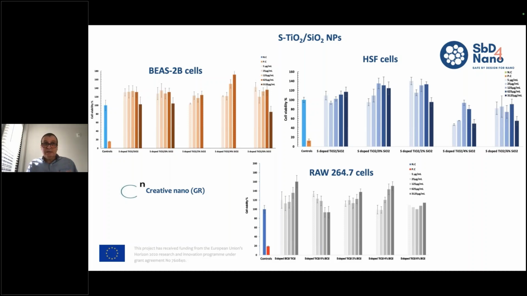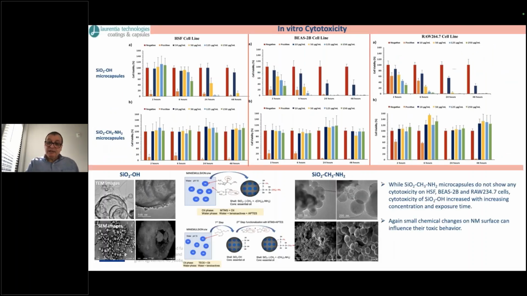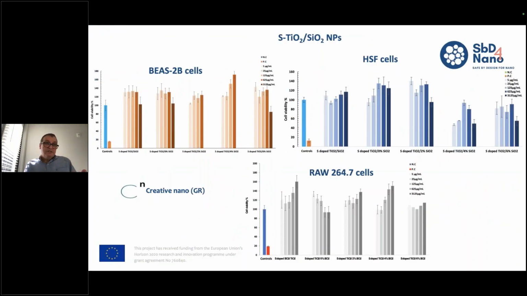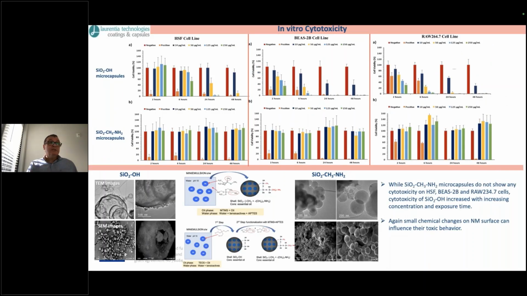They're okay, and they are even studied for drug delivery applications. But if sulfur is doped into them, what happens? Do they cause problems, for example, when they interact with cells? The study shows that they are not really toxic to these cells, with time and concentration dependent study. This is another nanomaterial from Laurentia Technologies.